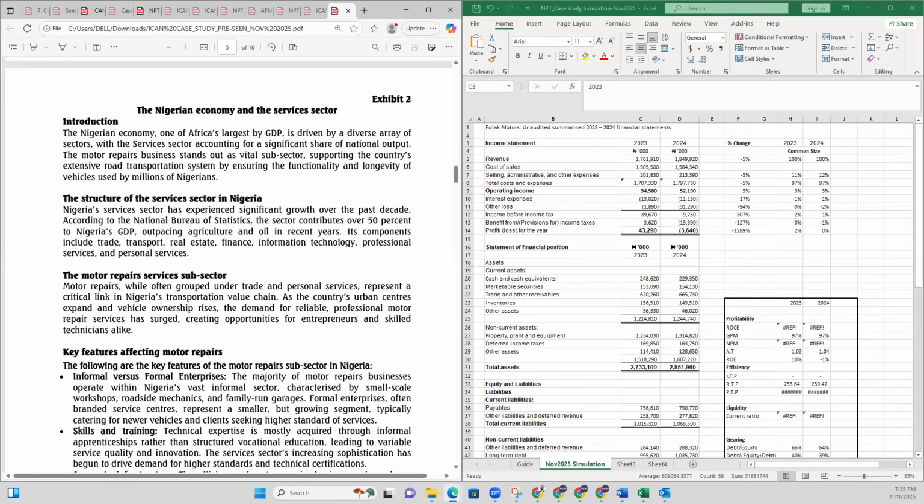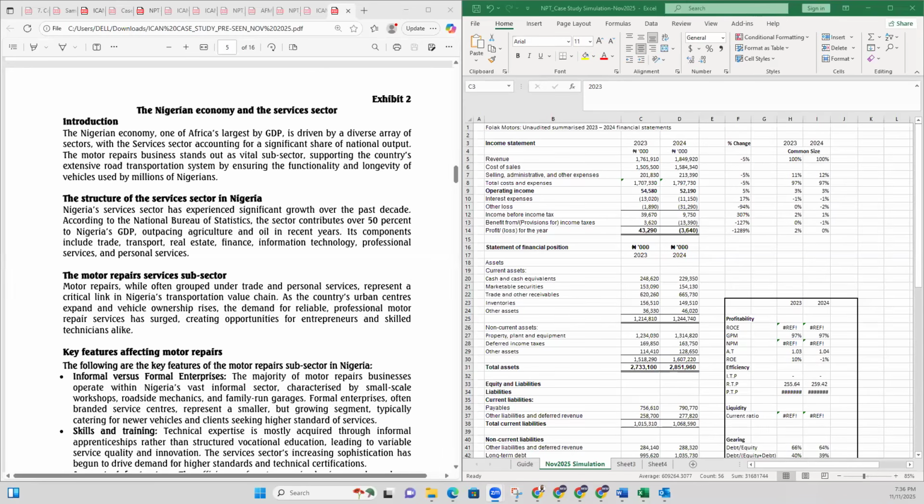Exhibit 2, the Nigerian economy and the services sector. Introduction. The Nigerian economy, one of Africa's largest by GDP, is driven by a diverse array of sectors, with the services sector accounting for a significant share of national output. The motor repairs business stands out as a vital subsector, supporting the country's extensive road transportation system by ensuring the functionality and longevity of vehicles used by millions of Nigerians.